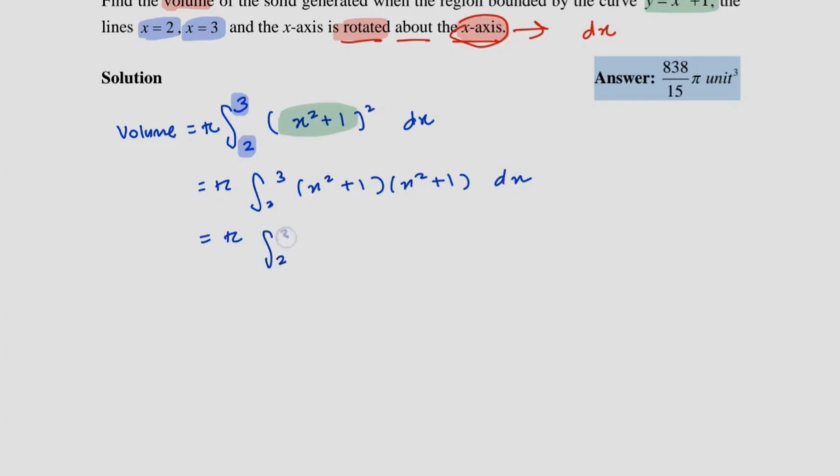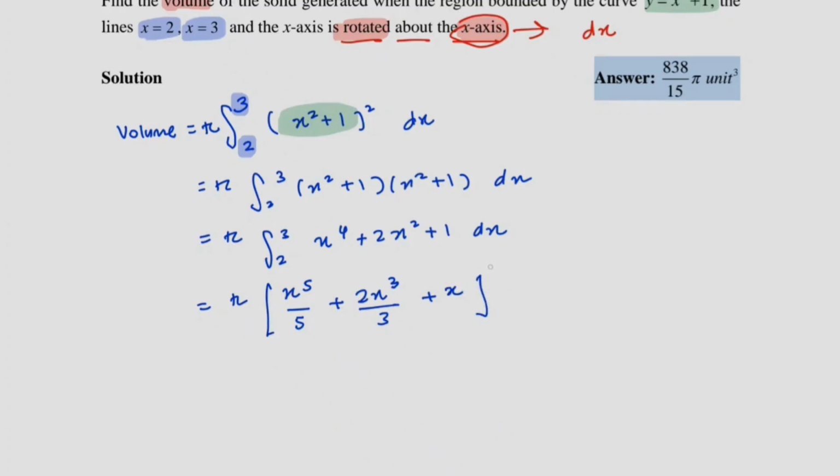And then simplify it first. After simplifying, then you integrate. Don't forget, integrating is just adding the power with 1. 2 plus 1 is 3 over the new power, plus with 1 there's no x, so it's just x power 1.